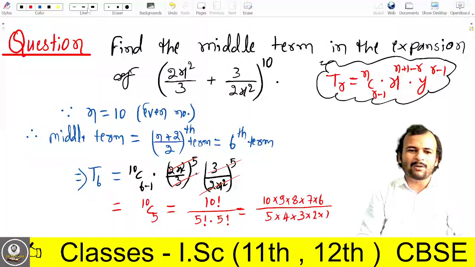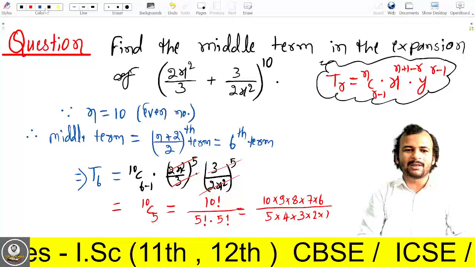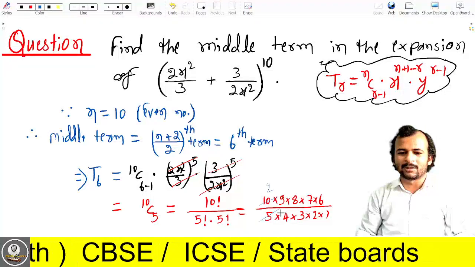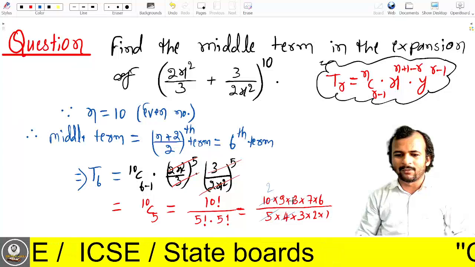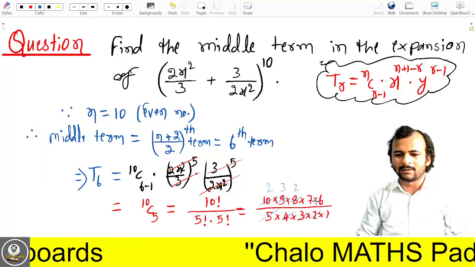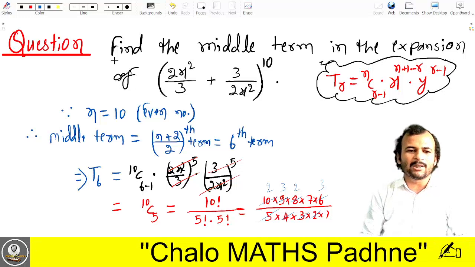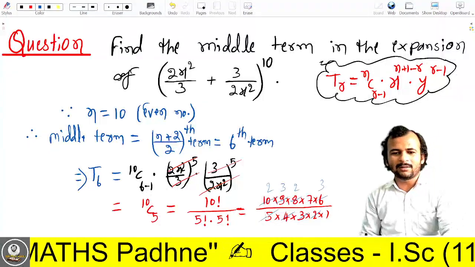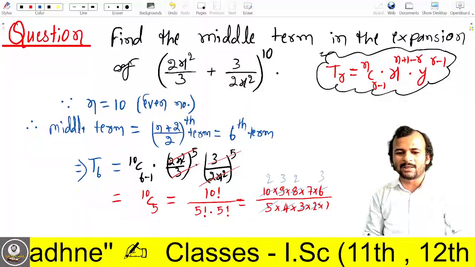Now we cancel the common factors from numerator and denominator, and we write here 5 twos are 10, 4 twos are 8, 3 threes are 9, and 2 threes are 6. And now we multiply these terms and we write here the required middle term in the given expansion.